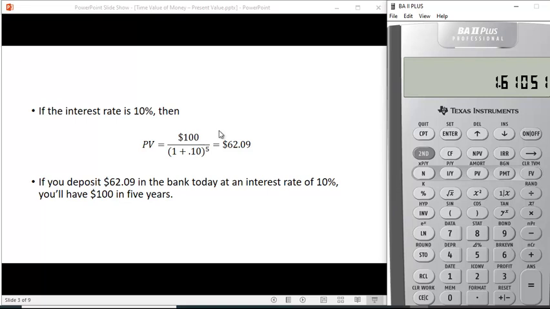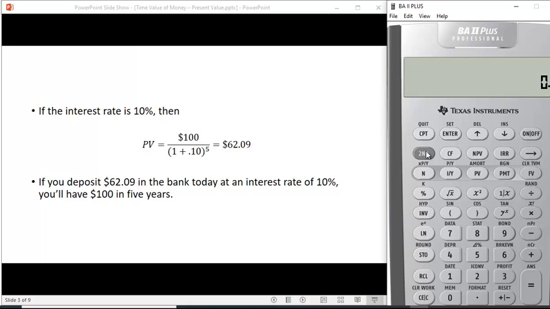Now we either have to take 100 and divide it by this, or we can flip this over. This 1 over x key flips it over, and then we can multiply by 100, and we get $62.09.